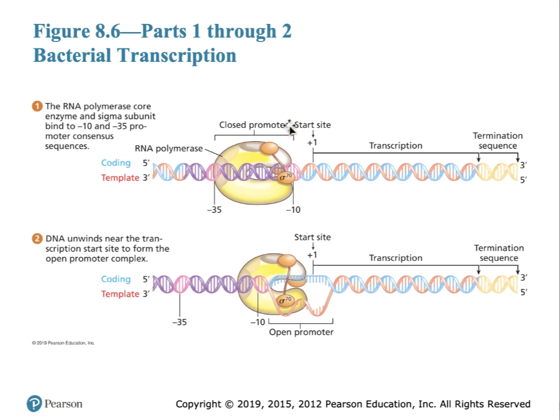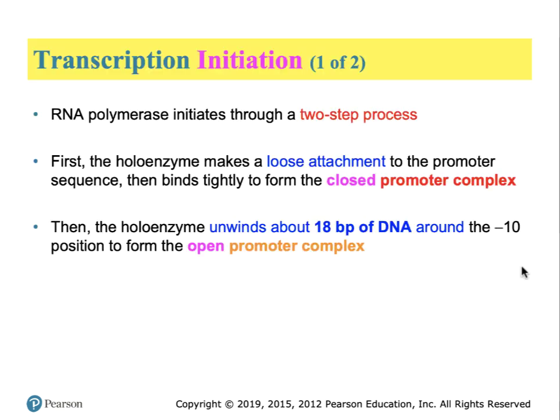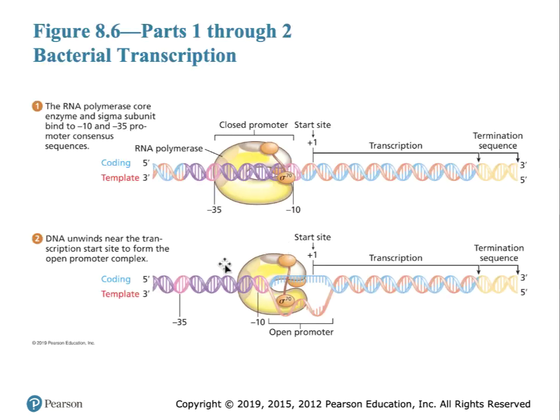That's indicated here in this figure 8.6. The second step is the enzyme able to unwind about 20 base pairs of DNA at the -10 consensus sequence of the promoter, forming an open promoter complex, indicated here in figure 8.6.